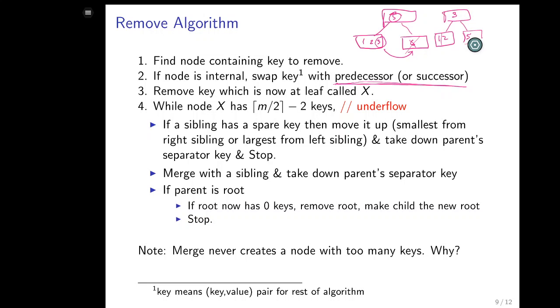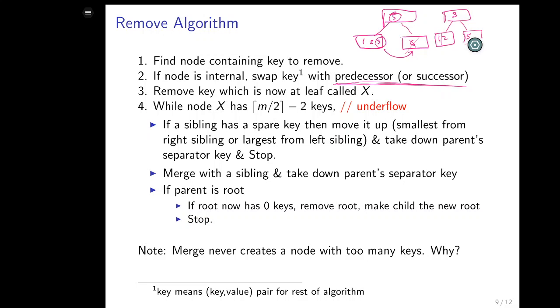If stealing from the sibling doesn't work, it means that your sibling is very poor, has no keys, can't afford to give you one because it would drop below threshold. If you can't do it, what that means is both of you are very, very poor. Both of you have very few keys. What do you think happens? You merge.